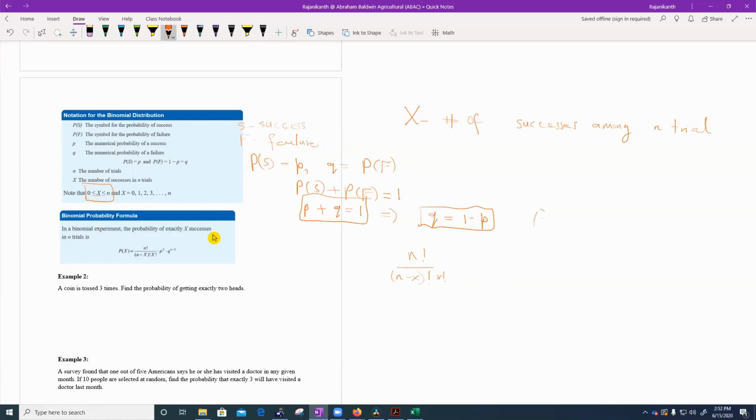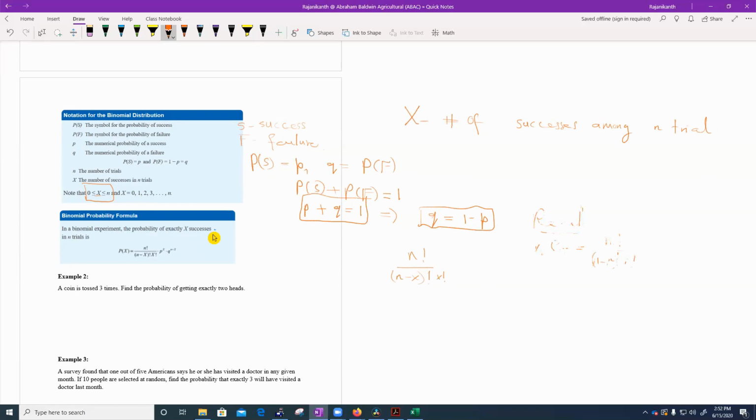So recall the formula we had under the permutations and combinations topic. If you choose r objects from n given objects, that means nCr is given by what? Go and check your notes. That is n factorial over n minus r factorial times r factorial, right?